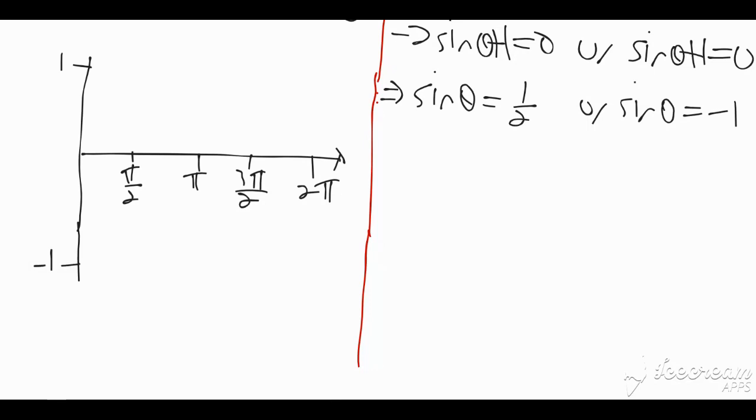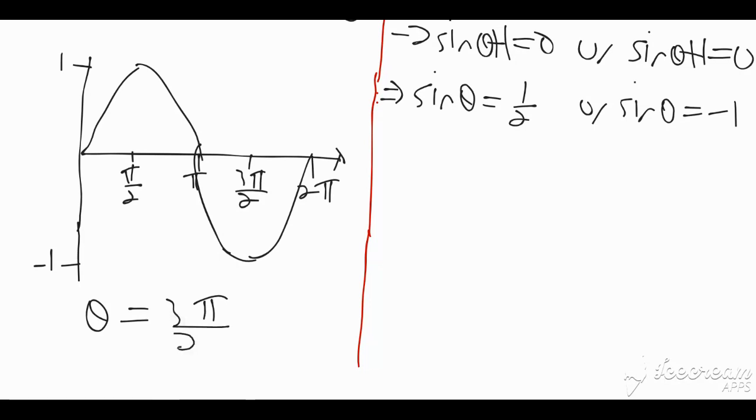Now, in a scenario like this, we easily recall the graph by starting it at 0 here. So we go up where we have pi over 2 mapping up with 1. We come down to pi. We go down, that's down to negative 1, and we come back up. So if you follow this process, it's easy to sketch a graph like this. So when sine theta is equal to negative 1 between 0 and 2 pi, what it means is that theta would be equal to 3 pi over 2.